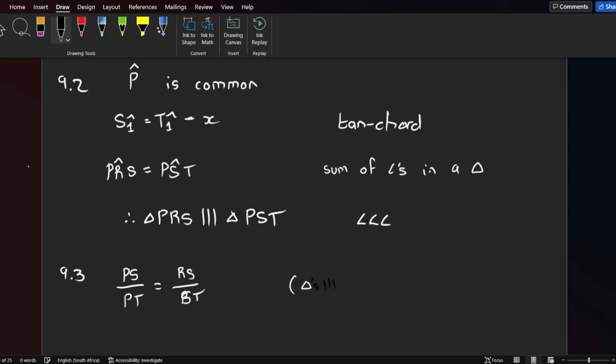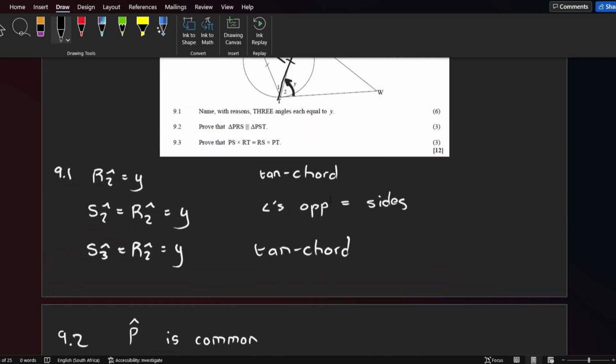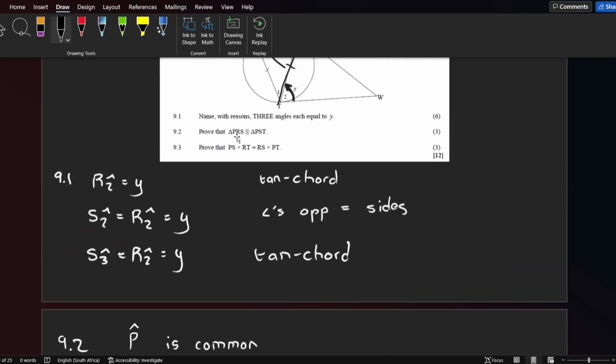So given the fact that we've proved that the triangles are similar, this ratio holds true. And where do we get that ratio from? Once again, from the two triangles. We pair them up. So P and S goes with P and T, and then R and S goes with S and T. So PS over PT will be equal to RS all over ST.